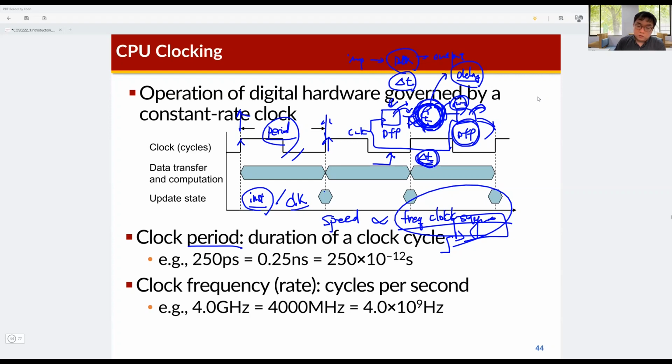The unit of the clock period is the same as the unit of time, like seconds, and the unit of the clock frequency is the hertz. We frequently say it's "hertz", but the correct pronunciation is "hertz". We frequently say the clock frequency is 4 gigahertz or 3 gigahertz, like this. So we learned about the clock signal here.